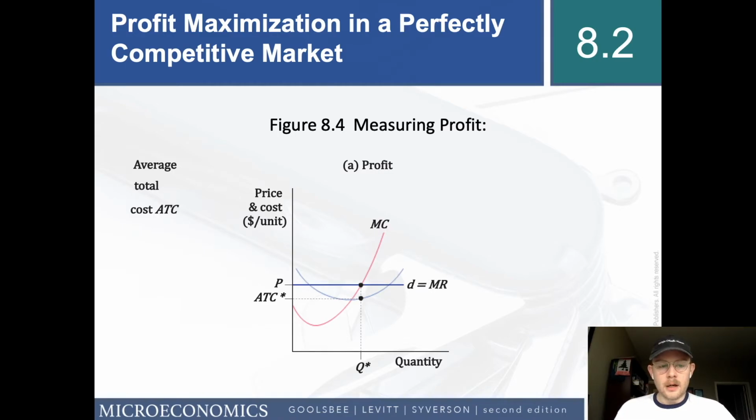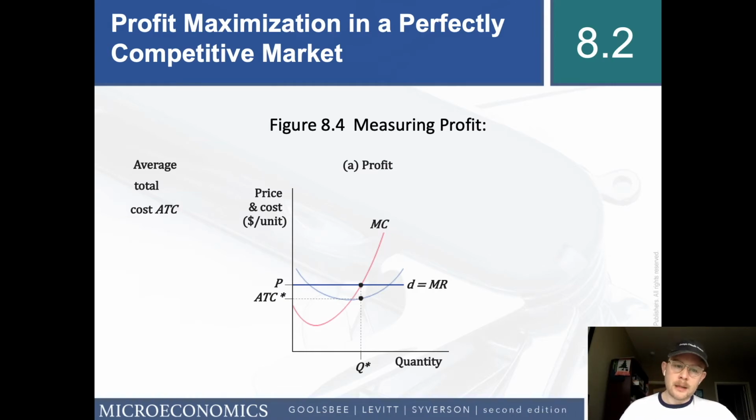We have our price, like before, perfectly elastic, a flat demand curve. So price equals marginal revenue. You'll notice that the intersection of the marginal revenue curve there, where price equals marginal revenue, intersects with the marginal cost curve above the average total cost curve.